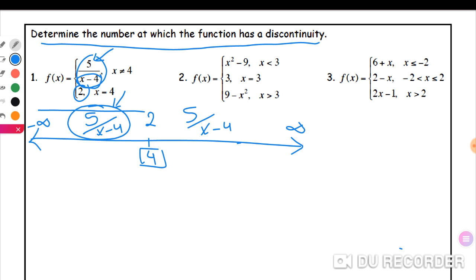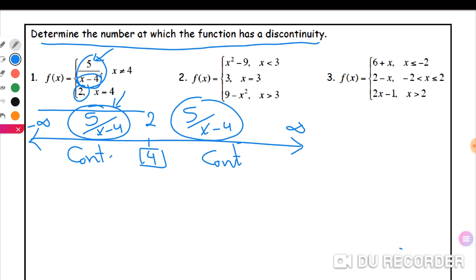And as you know, any function is continuous on its entire domain. So this function is continuous, because it is defined for any value less than or greater than 4. Its domain is x not equal to 4, but for all values greater than 4, the function is continuous, because the function is defined there.